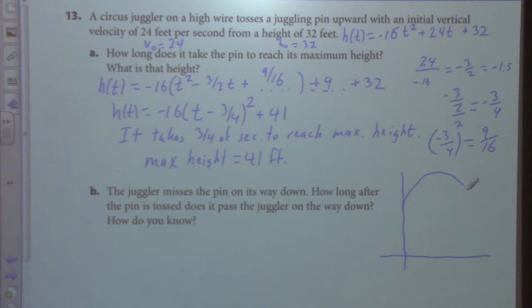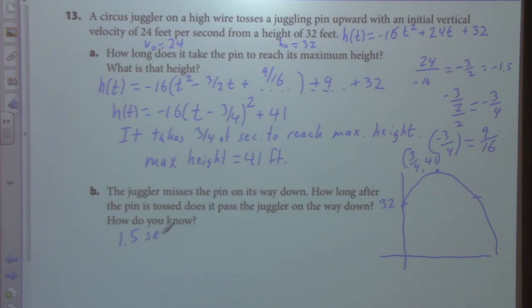So here's our vertex, right up here, which we know is the point 3/4, 41. And we have our juggler starting out here at 32 feet. So how long is it going to take? 1.5 seconds.